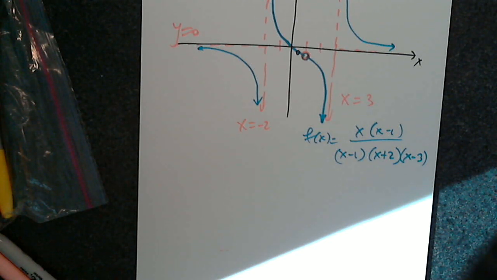So the numerator, be very careful: parentheses, x minus 1, close the parenthesis, and close another parenthesis, divided by, in parentheses, and parentheses again, x minus 1, close parentheses again, x plus 2, and parentheses, and close again, and open another one, x minus 3, close the parenthesis, and close again for the denominator.